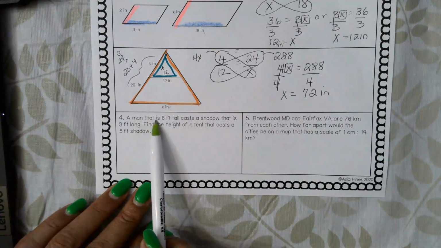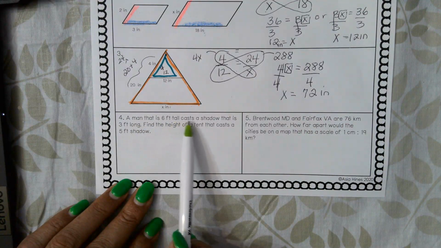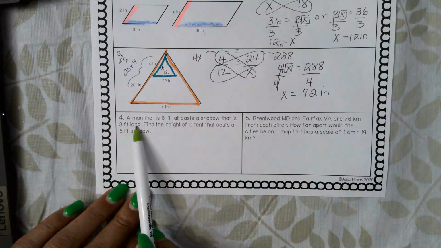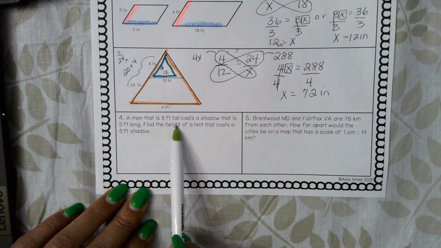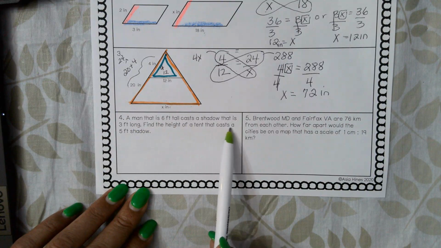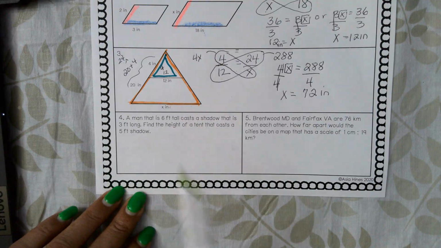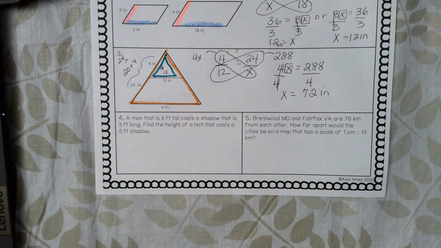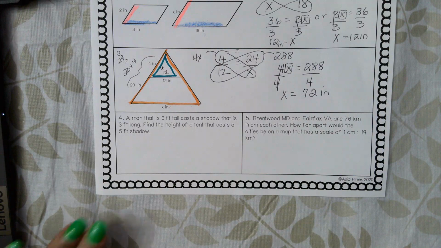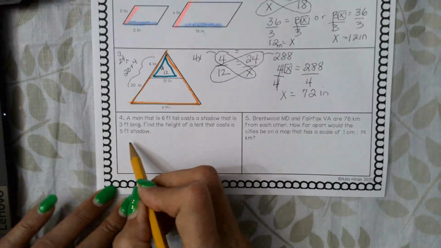A man that is 6 feet tall casts a shadow that is 3 feet long. Find the height of a tent that casts a 5-foot shadow. So when you get these word problems, the first thing I want you to do is draw. Now I'm going to use my pencil because I'm not an artist. And don't laugh at my little stick figure. So here's my man.